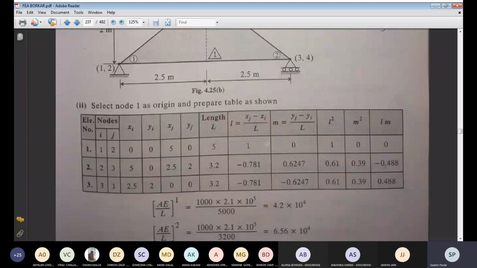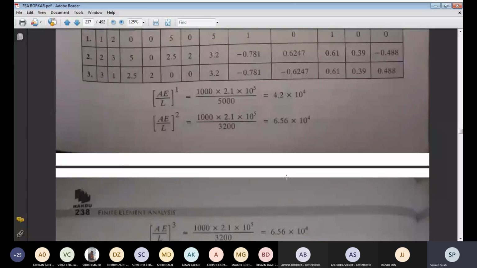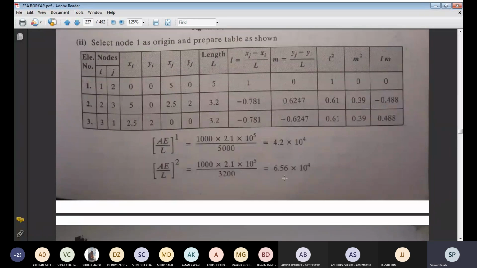Now, once the table is done for all the three elements, we are calculating the A by L value for all the elements, and then we are going ahead by finding the element matrix equation. So if this is done, I want you to go ahead and calculate the element matrix equation. If you still have doubt in this, you can ask me.